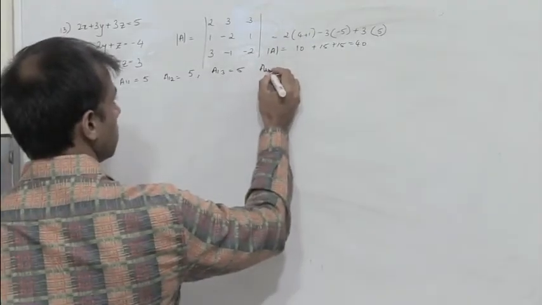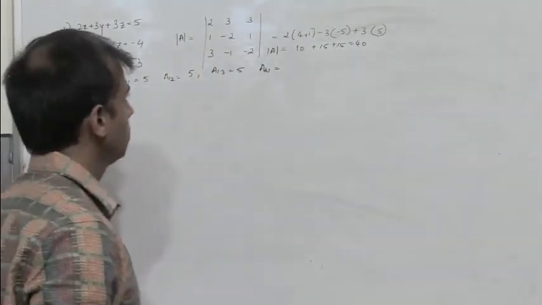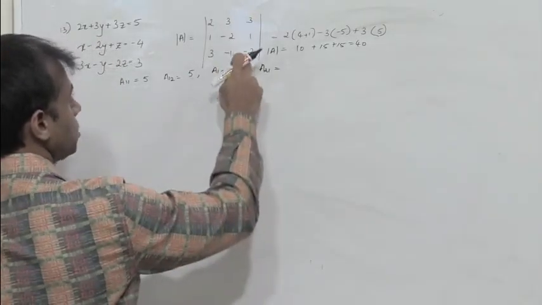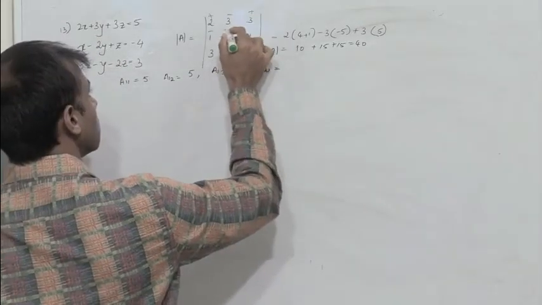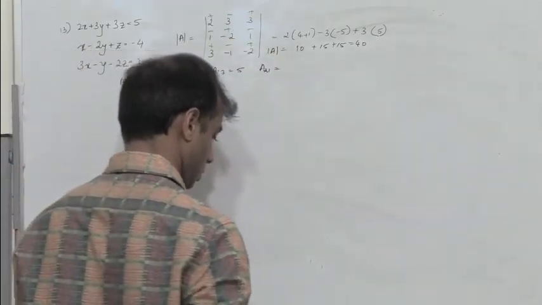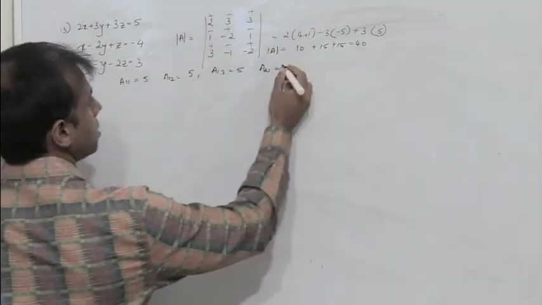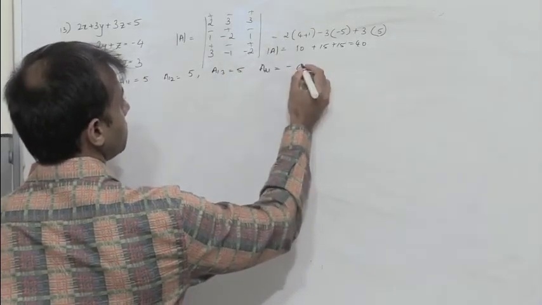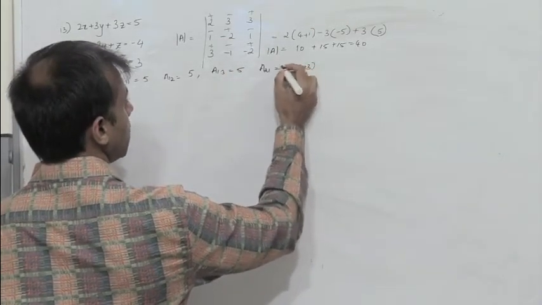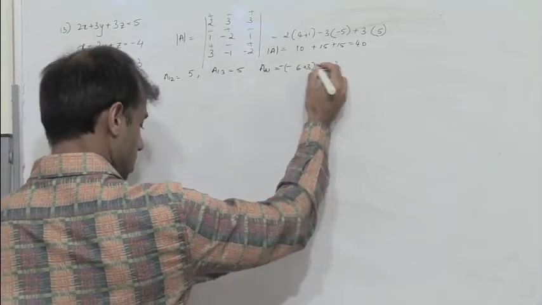Next, A21: leaving the second row and the first column, we get 2 into... so A21 is minus 6 plus 3 with a minus sign, which is plus 3.